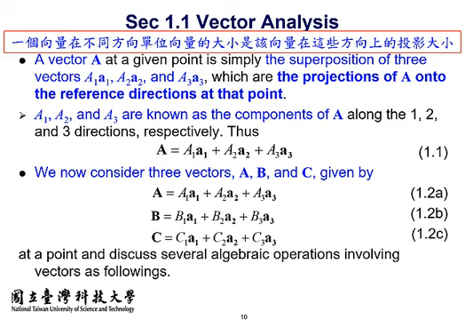Alright, a vector at a given point is simply the superposition of the 3 vectors on the reference directions. So this is another elaboration of what I've just explained. For any vector, say vector A in equation 1.1, it can be decomposed into A1 times a1 plus A2 times a2 plus A3 times a3.